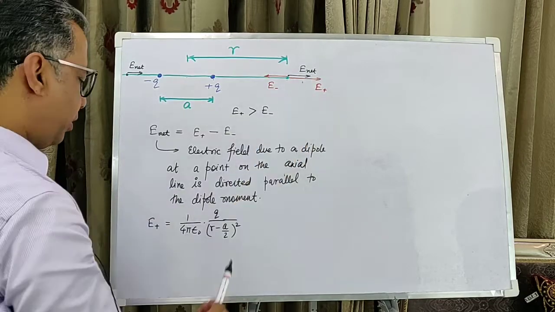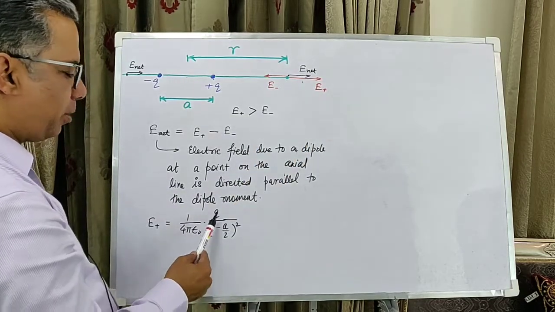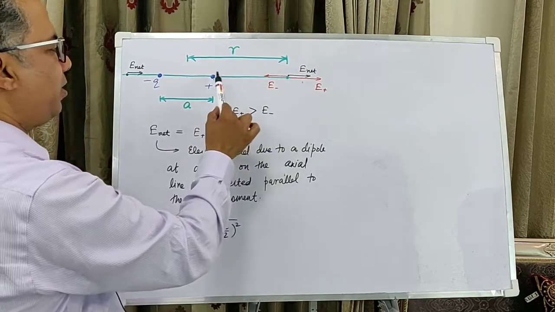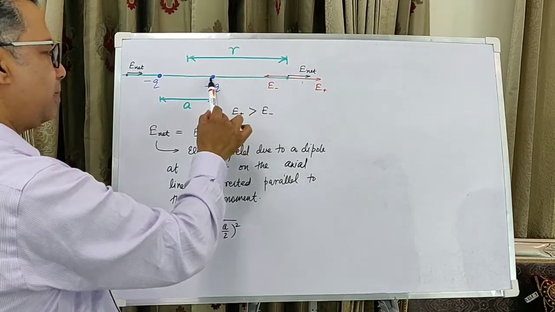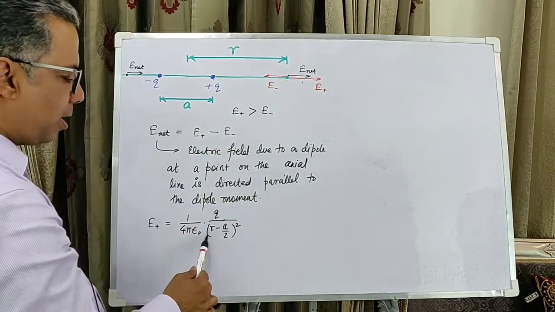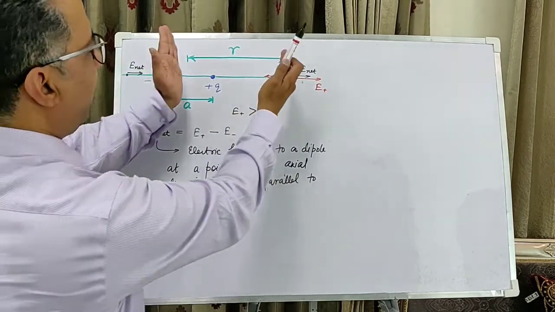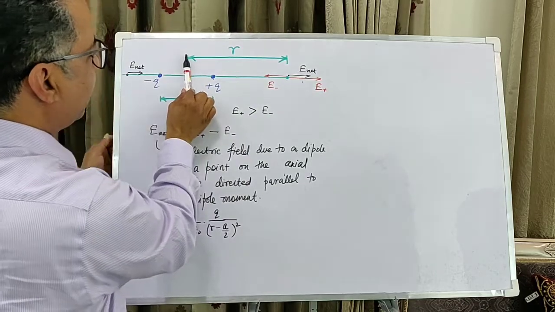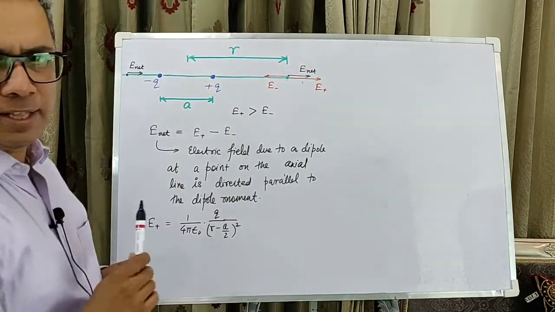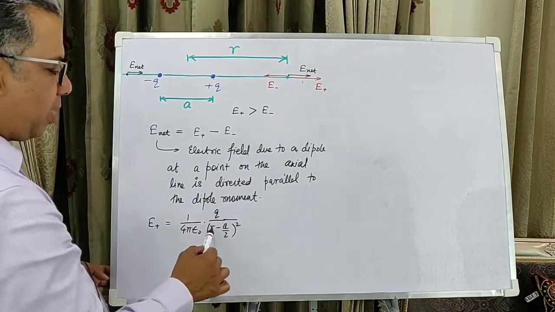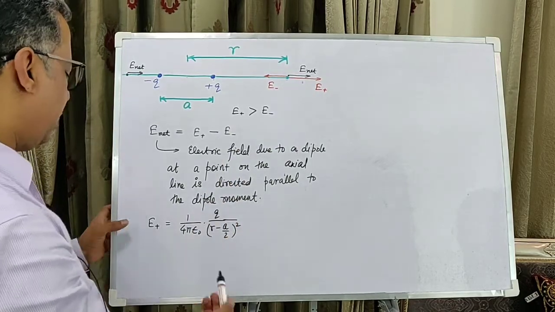E plus, of course, is 1 by 4 pi epsilon naught times q by the square of this distance. Now the square of this distance will be r minus a by 2 whole square. This distance here is r minus half the length of the dipole, that's a by 2. So the square of the distance is r minus a by 2 whole square.